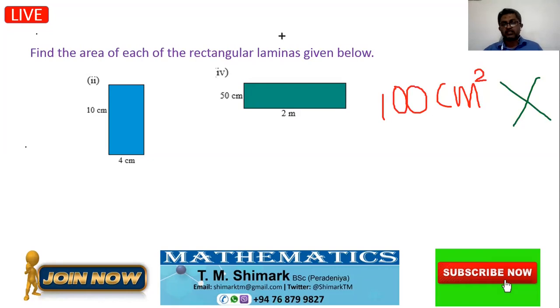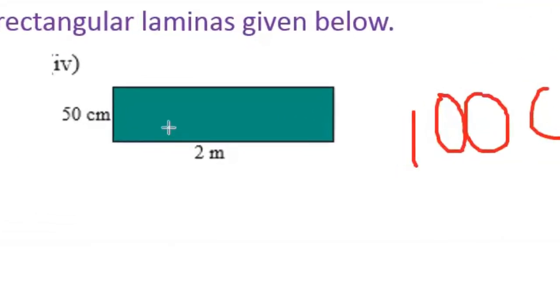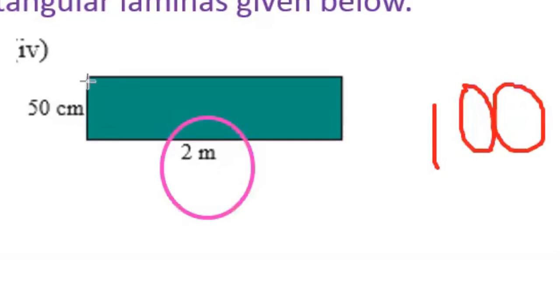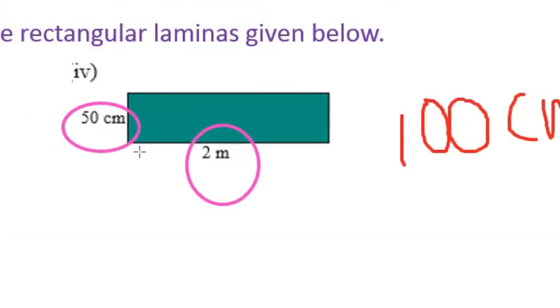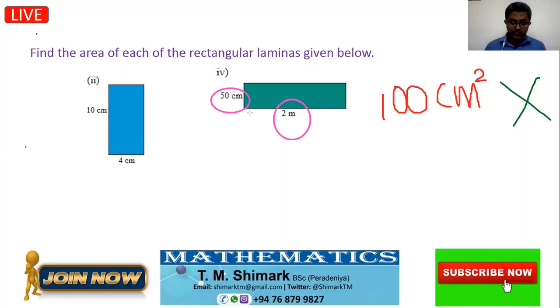Units, you have to be very careful with that. The unit guy is a very nasty guy, he comes and disturbs you always. Everywhere, when it comes to area and so many calculations, be careful with the units.